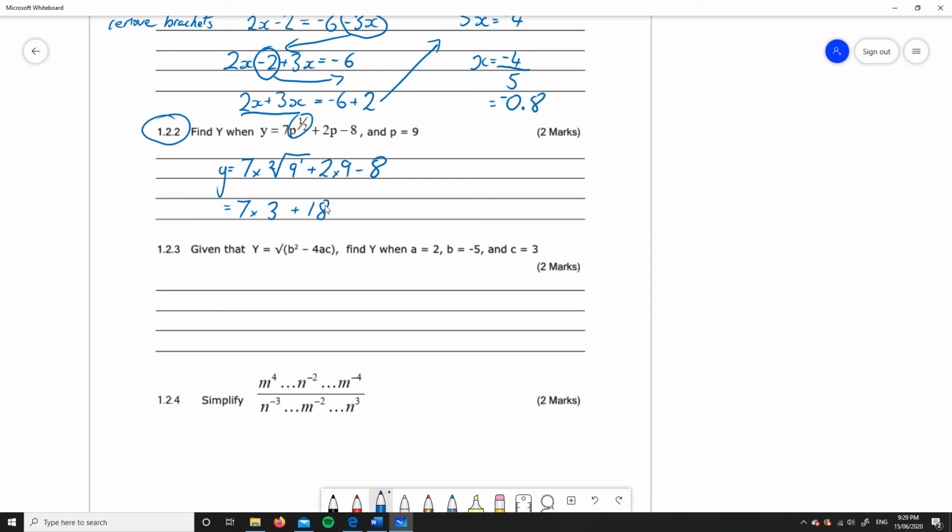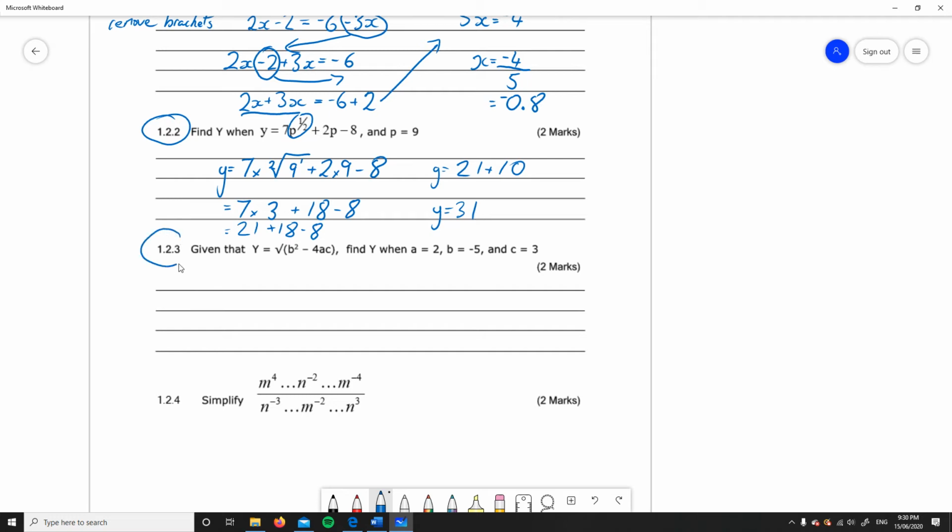So it's going to be 18 minus 8. So that will be 21 plus 18 minus 8. So 8 from here and go straight onto there. So it's just going to be 21 plus 10. So y should equal 31.